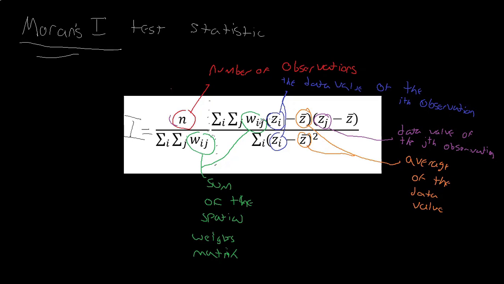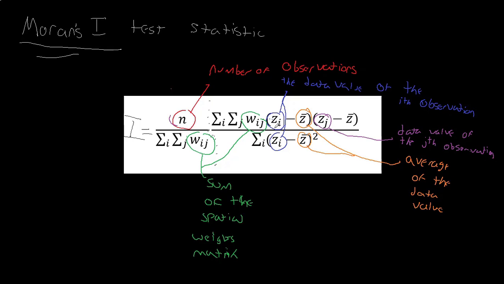For a given observation, we're adding up all of its neighbors. So if the values become more similar to their neighbors, this comes closer to 1, because if zi and zj are the same, then this becomes zi minus z's average, squared. So the closer these values are to each other, this will become closer to 1.